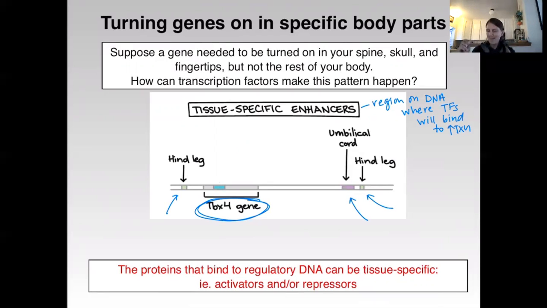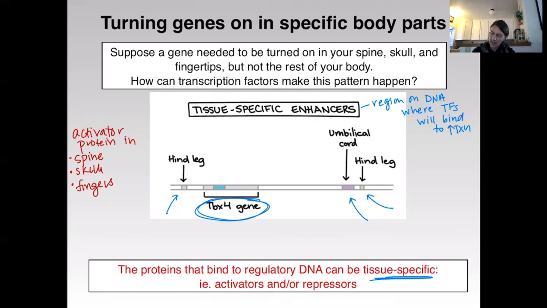So what happens is that the proteins that bind to those regulatory DNA or those enhancers are tissue specific. So for example, we have an activator protein in, what did we say? Spine, skull, fingers, right?